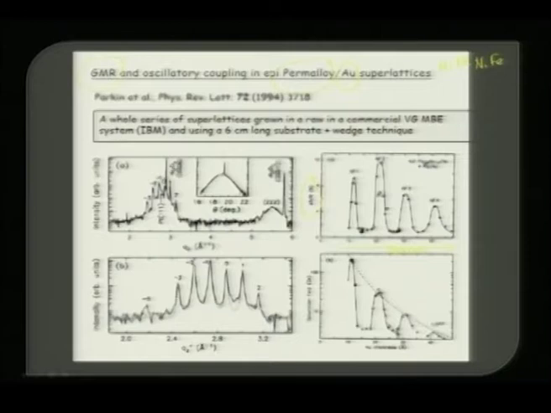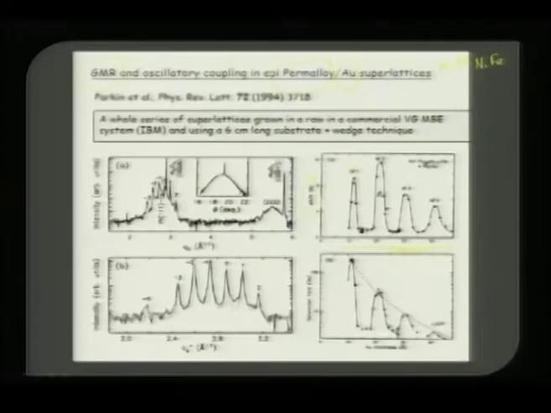What does it mean? At some thickness it is showing GMR property, at some thickness it does not show GMR property. So you can see several maxima coming, antiferromagnetic situation 1, antiferromagnetic situation 2, antiferromagnetic 3, antiferromagnetic 4.